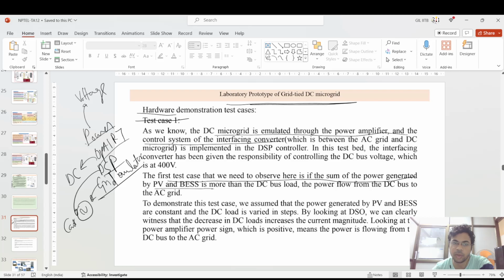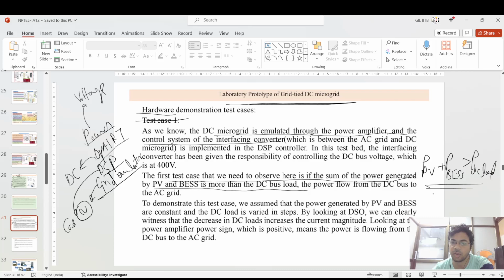The first test case is that if the sum of the power generated by the PV and the BESS is more than the DC bus load, so P generated by the PV plus P generated by the BESS is greater than P DC load, then the extra power has to be fed to the grid. The voltage is fixed, that is 230 volt or the voltage of the DC bus bar.